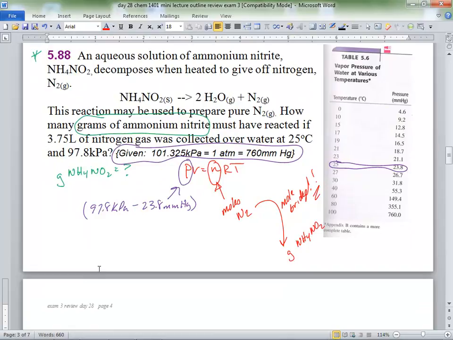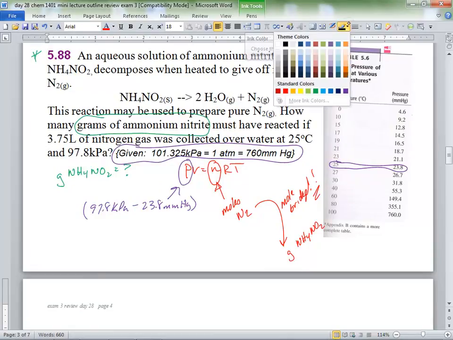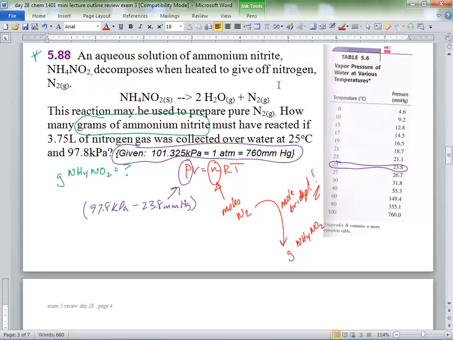And once you get that number, do you convert that, or is it just already there? Well, try it. Then what's on top when you do it?